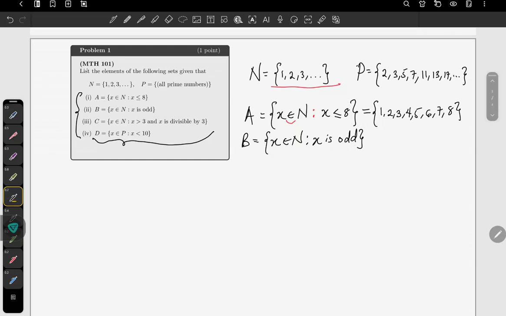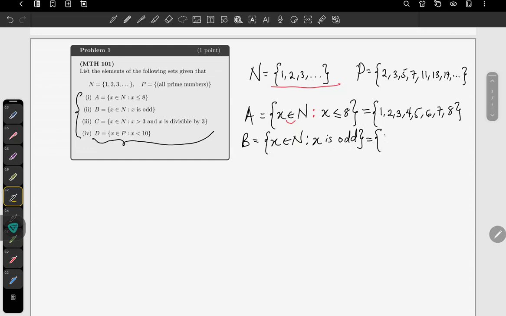Unlike set A, where we can list all the elements, B has an infinite number of elements, because there are infinitely many odd numbers. So what we can do is list a couple of them and indicate that it goes on forever.